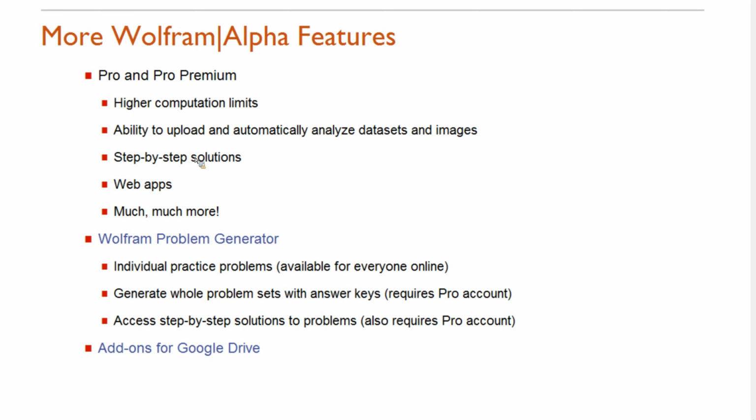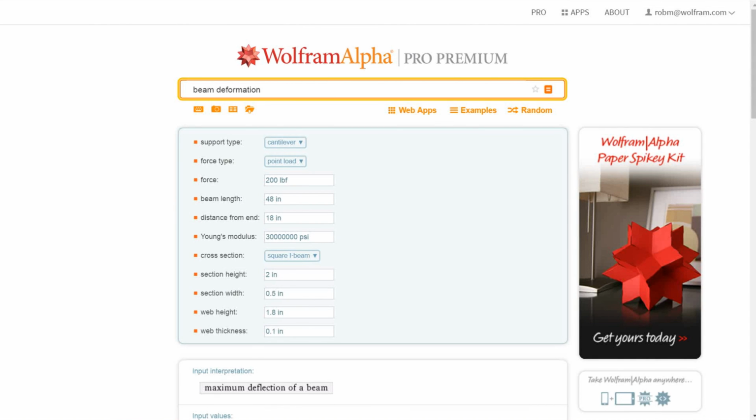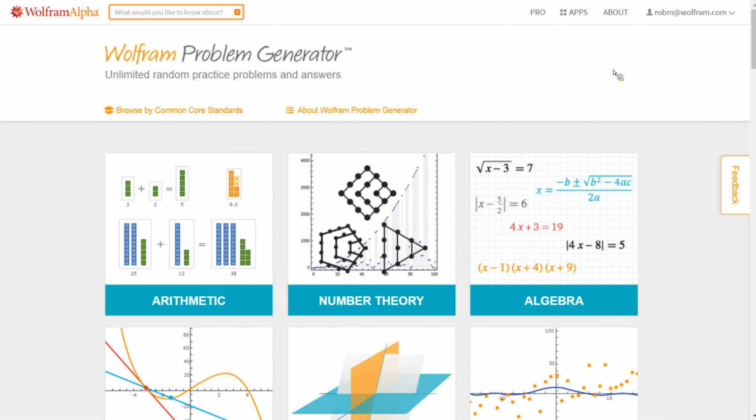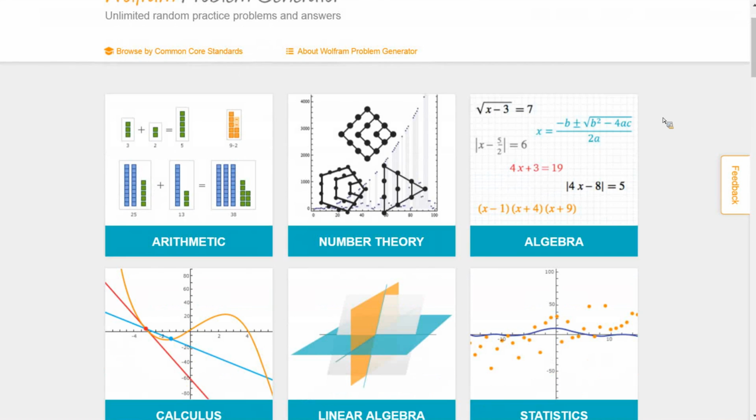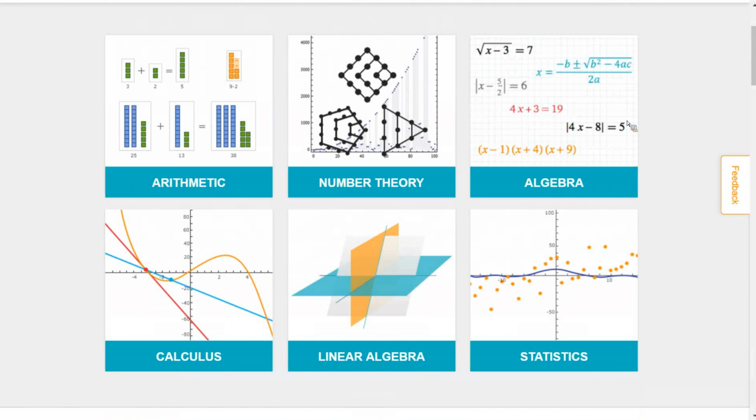One thing that's very interesting, again in the context of making sure you're in a physics class, not a math class, is the problem generator. So the Wolfram problem generator is now free to use, which means that your students can practice problems for free.